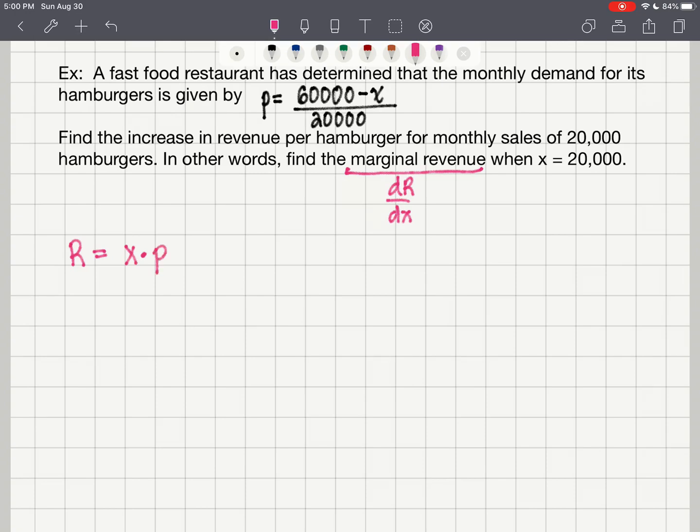So before we can do that, we need to figure out what our revenue is. Revenue is X times price. So revenue is equal to X times our price, 60,000 minus X all over 20,000. I'm going to multiply this through.